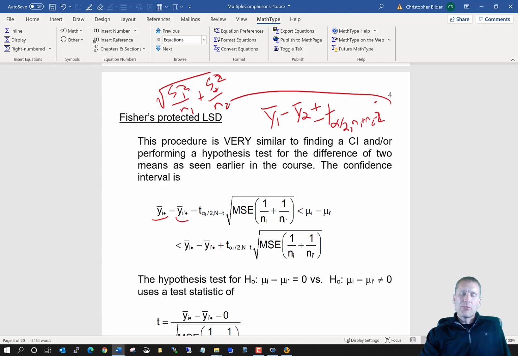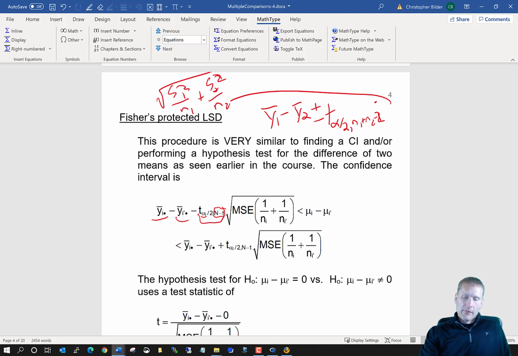So Y bar I prime dot is the sample mean for the I prime treatment level. We subtract off a value from our t distribution with alpha sub I, the individual test type 1 error rate, divided by 2, just like normal. For the degrees of freedom, it's capital N minus T, where capital N is the total sample size and T is the total number of treatments.